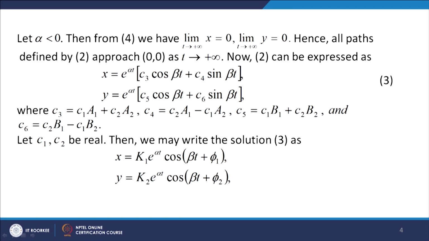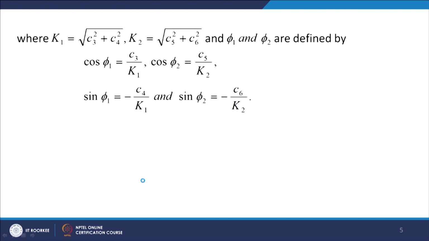and c6 turns out to be c2 b1 minus c1 b2. Now, let us assume that c1 and c2 are real numbers, then this representation of x and y can be further written in this form: x equal to k1 times e to the power alpha t cos of beta t plus phi 1, and y equal to k2 times e to the power alpha t cos of beta t plus phi 2.